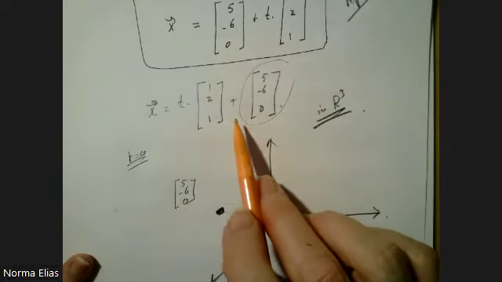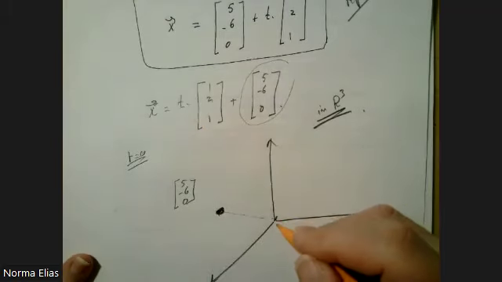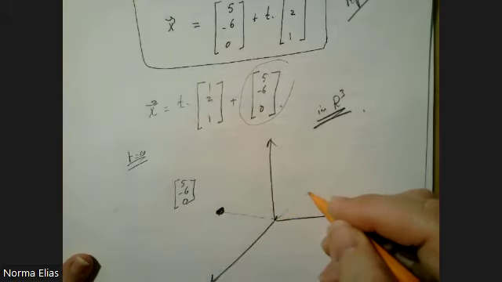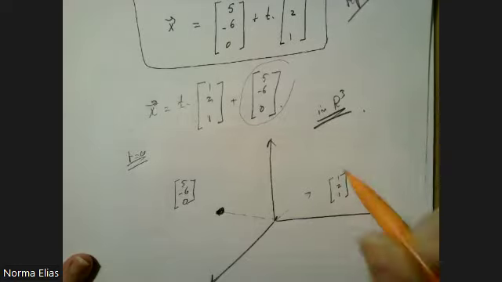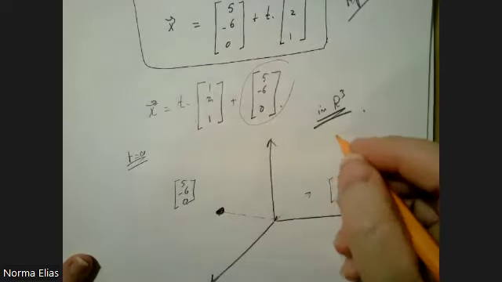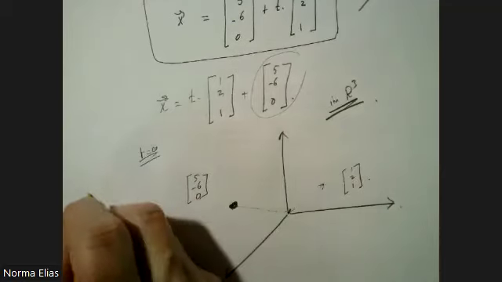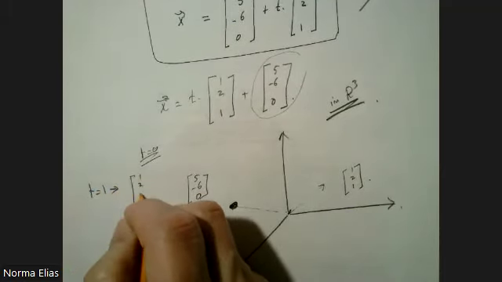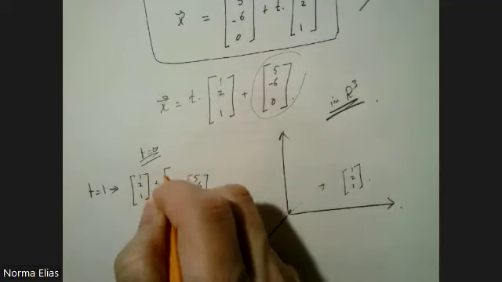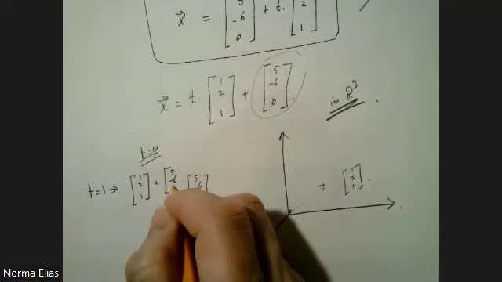So t equal to 1, what are we going to have? I'm going to draw right here the vector (1, 2, 1). If I put t equal to 1, I get the vector (1, 2, 1) plus (5, -6, 0).